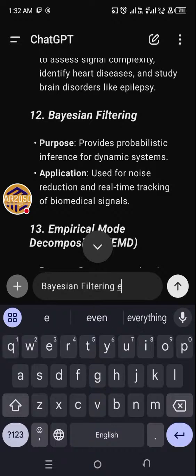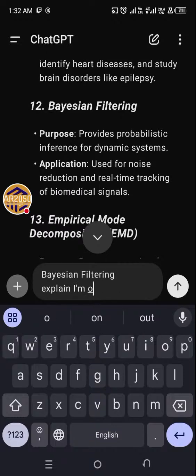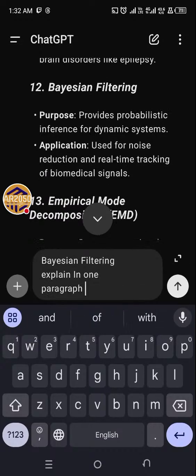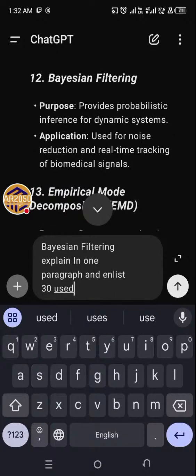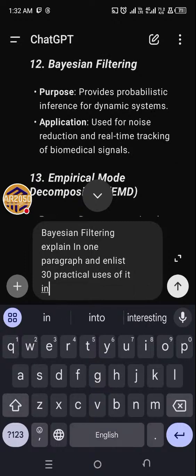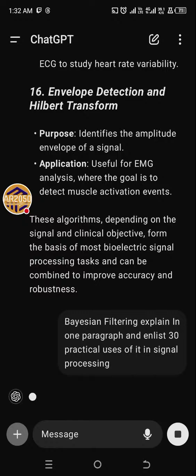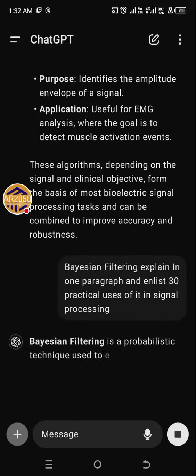So, paragraph and list, 30 uses. Let's see what it says.